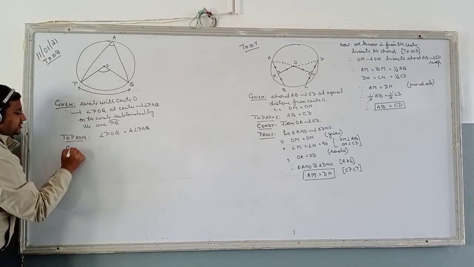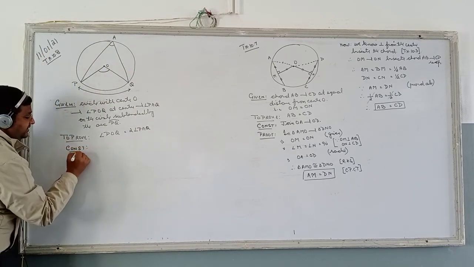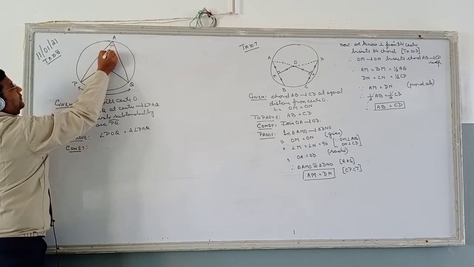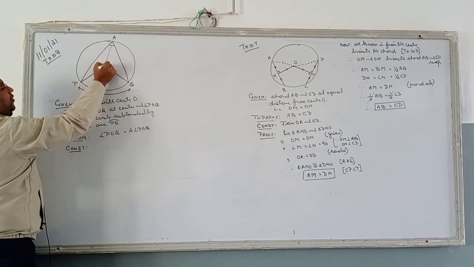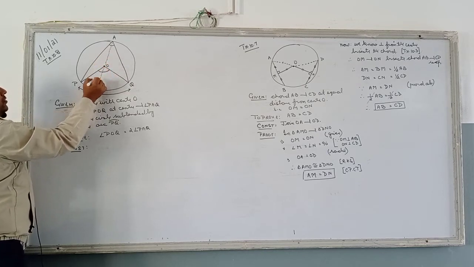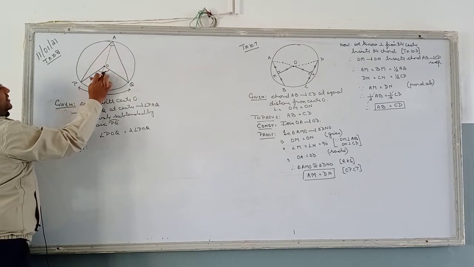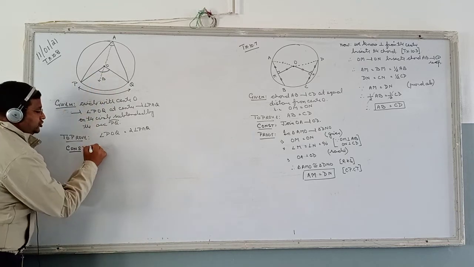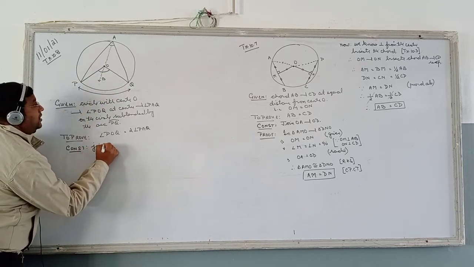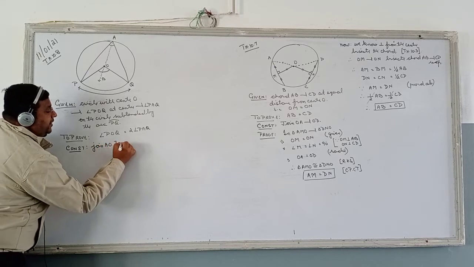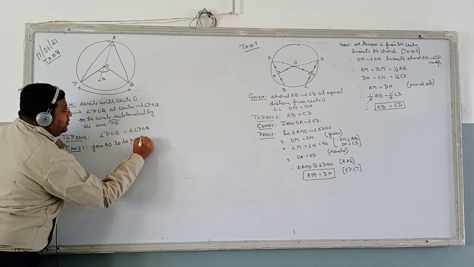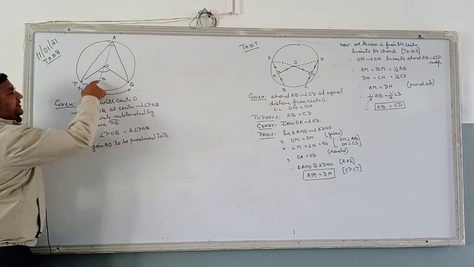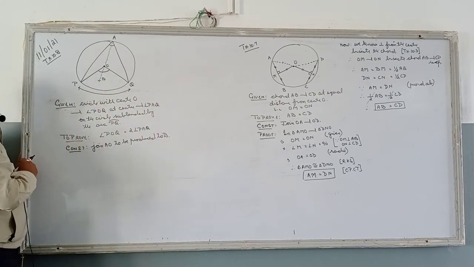Clear? So one construction we are doing, we are going to divide these two angles, not equally. We are going to draw a line from O. Join AO and produce it to B. Can you see?